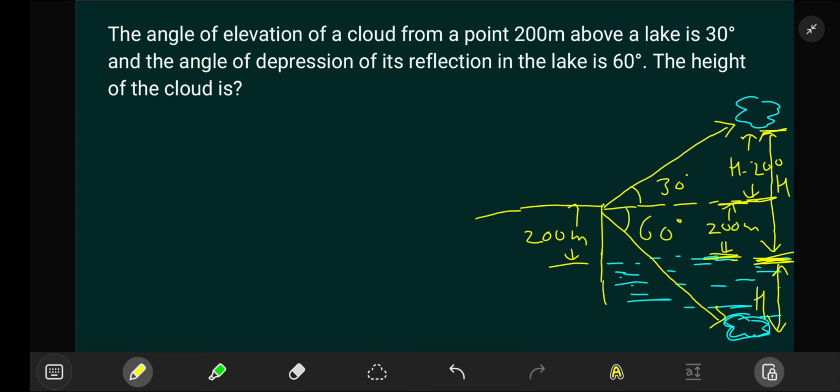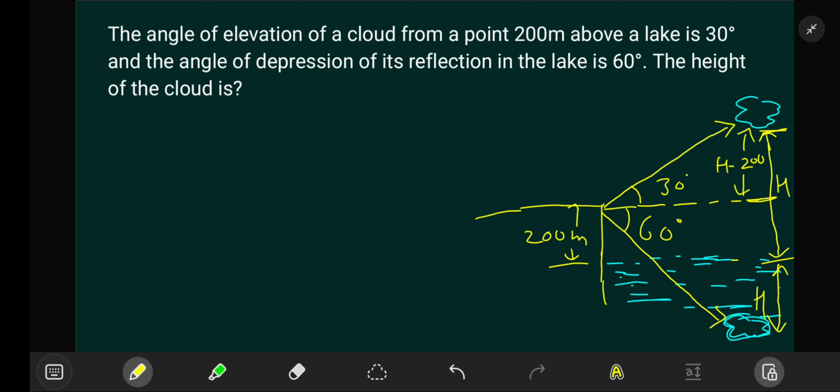If you understand this, now this question will be easily solved. For no confusion, I'm rubbing it out, since the diagram is very small. And this height is h minus 200.